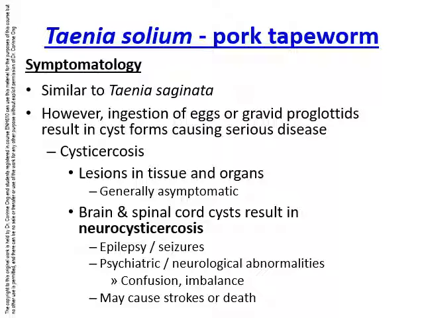Cysts in the brain and spinal cord can result in neurocysticercosis and seizures or epilepsy. Psychiatric and neurological abnormalities such as confusion and imbalance may also occur. Neurocysticercosis may also cause strokes and become life-threatening.